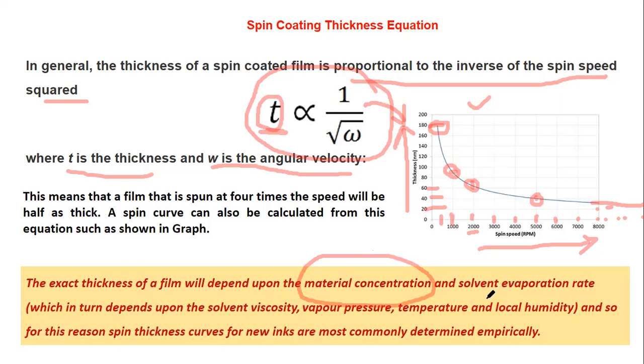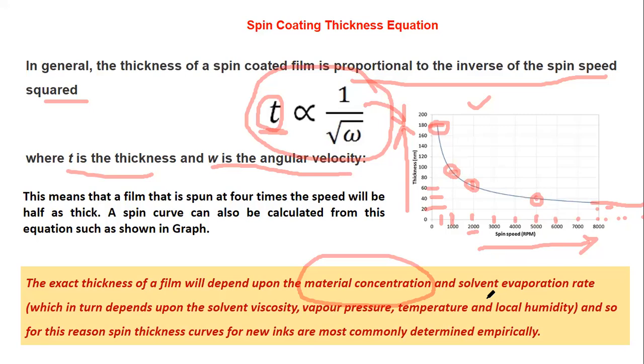Solvent evaporation rate in turn depends upon the solvent viscosity, vapor pressure, temperature, and local humidity, so solvent evaporation plays a very crucial role here. Material concentration means how much solid you have dissolved in the solvent, and how the solution is prepared.